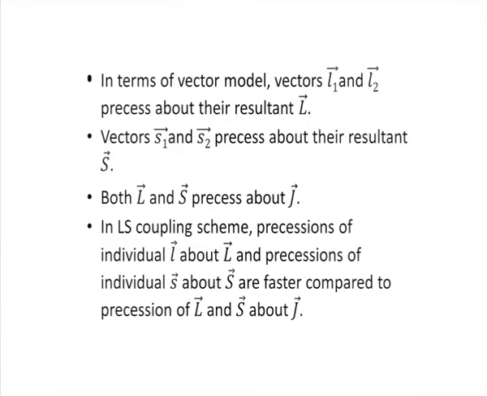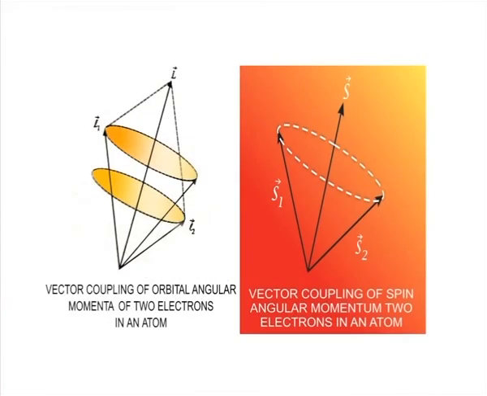Here you see that these two vectors L1 and L2, and each L vector is suffering a torque L1 dot L2 due to another L vector. So, neither L1 is constant nor L2 is constant, but still you can define a vector L equal to L1 plus L2, which is sensibly constant.